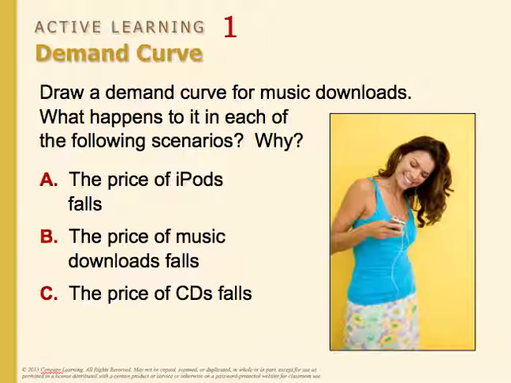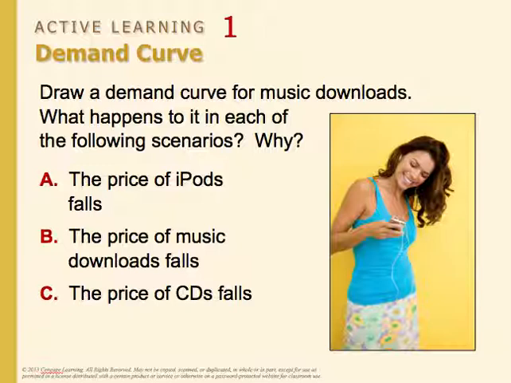So if the price of iPods falls, people will be buying more iPods, right? The quantity demanded of iPods would increase. When people are buying more iPods, they'll be downloading more music, and that's why the demand for music is going to go up. The demand for music is going to increase.